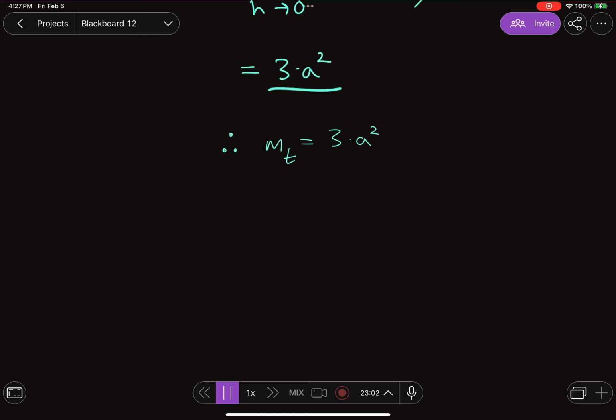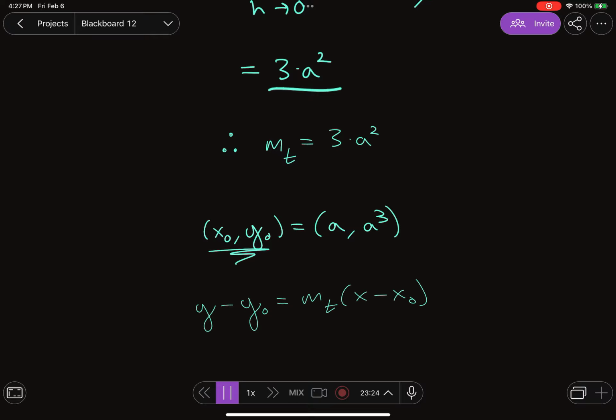So we have 3 times a squared as the slope, and we know that our x naught comma y naught is equal to a comma a cubed, and that's the point that we know exists on our line, so we can use the point slope formula. Y minus y naught is equal to m sub t times x minus x naught.